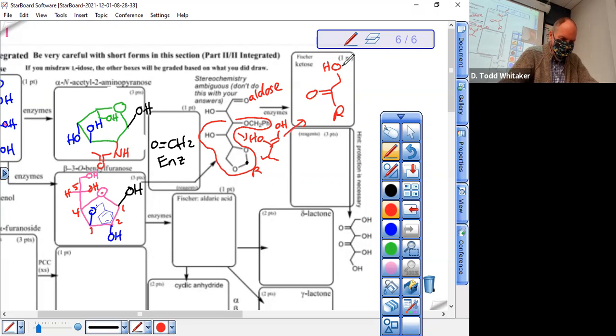So the question is, how do you oxidize a secondary alcohol without oxidizing this primary? I'll summarize here. How do I oxidize this to get to this without also oxidizing this, because I want that to stay the same?